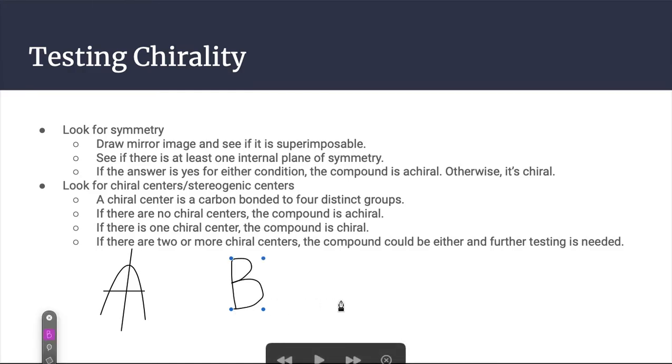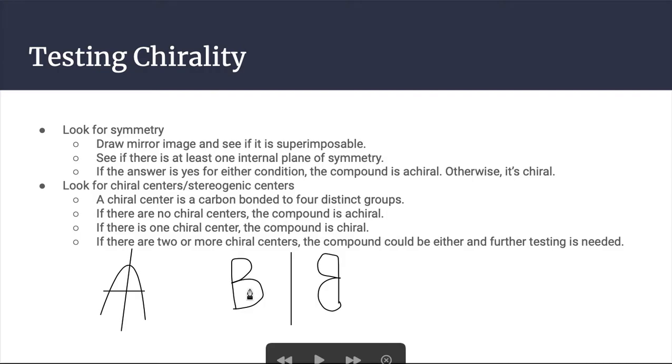The interesting thing about the letter B is, here, let me do the mirror thing. If I took the mirror image of B, I'm going to try my very best to make this look like a mirror image. I don't think I've been successful, but I think you get it.